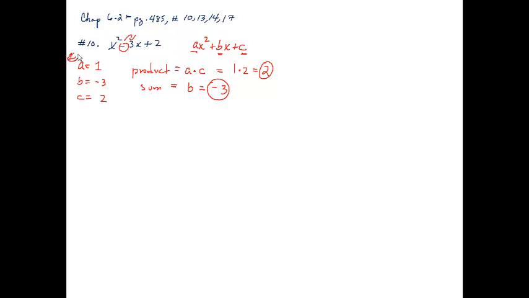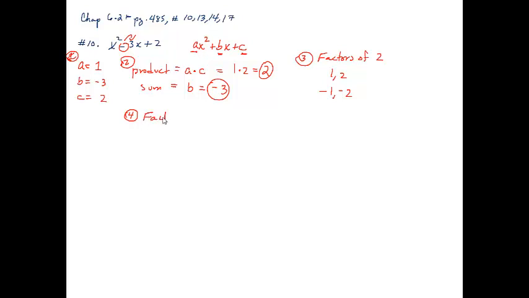So the first step, second step, and then the third step is, what are all the factors of 2? Well, I have 1, 2, and negative 1, negative 2.